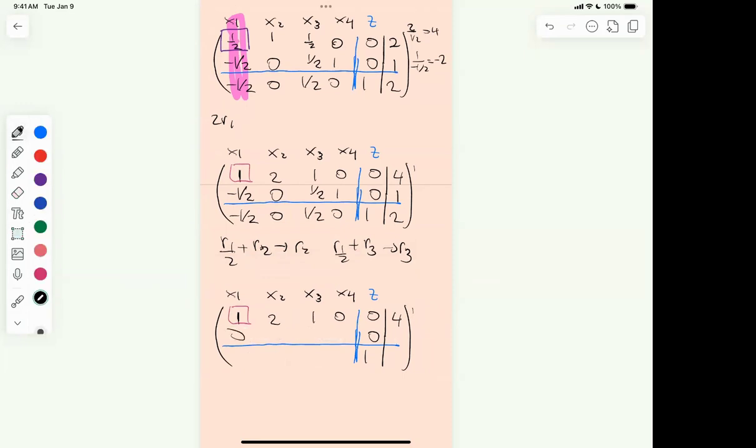So this becomes a 0. 2 over 2 is 1. 1/2 plus 1/2 is 1. Then 4 over 2 is 2. So it becomes a 3. Then it's a 0, a 1, a 1, 0, and then 4. So yeah, we're supposed to end here.